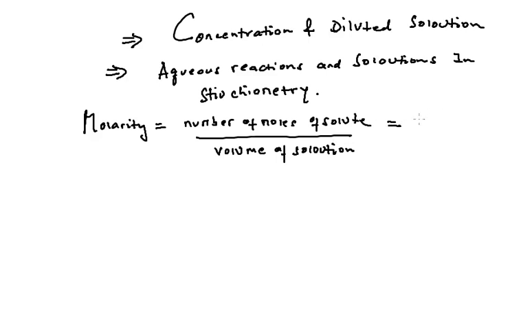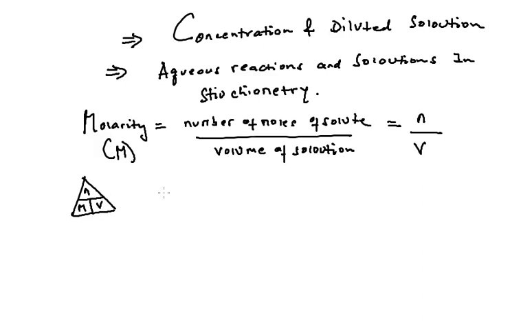The common abbreviation is N for the number of moles, V stands for the volume of solution, and molarity stands with M. Now I'm going to draw a triangle here. This triangle would be the best way to remember the formula. I'm going to start with N here and M here, V here.